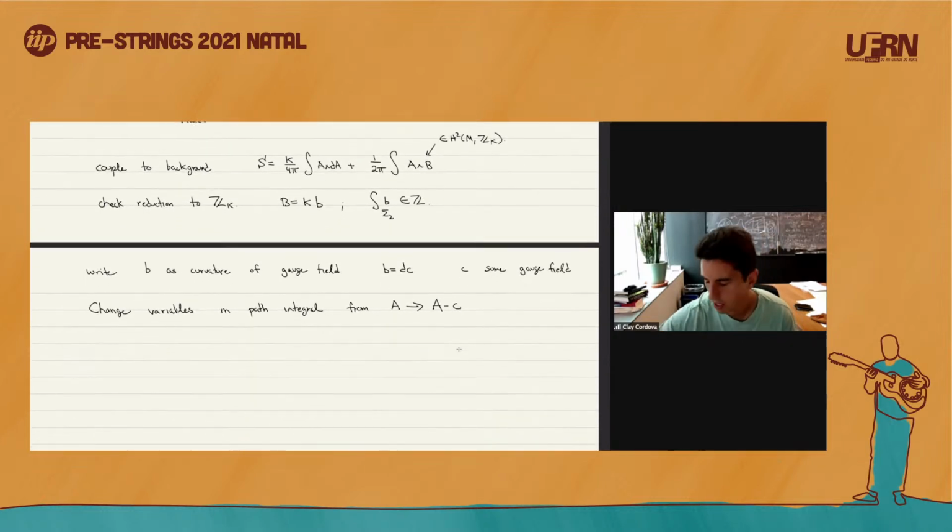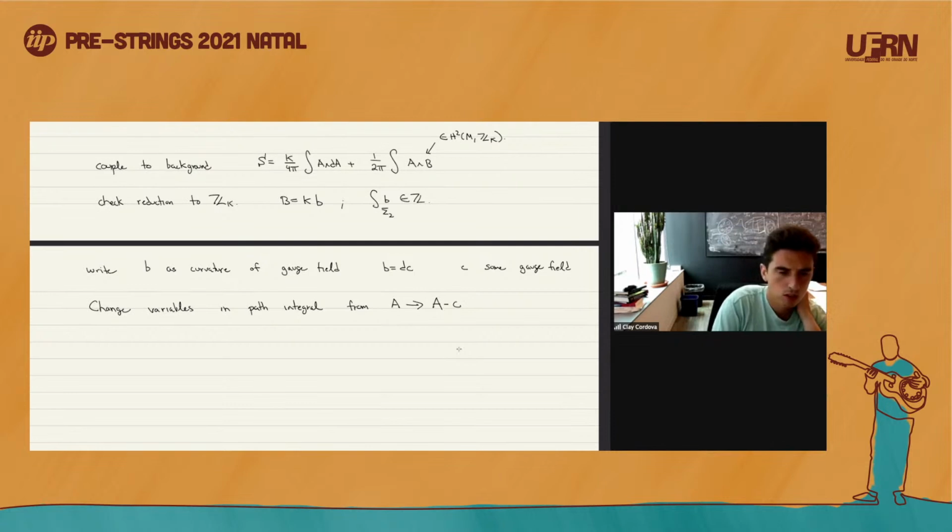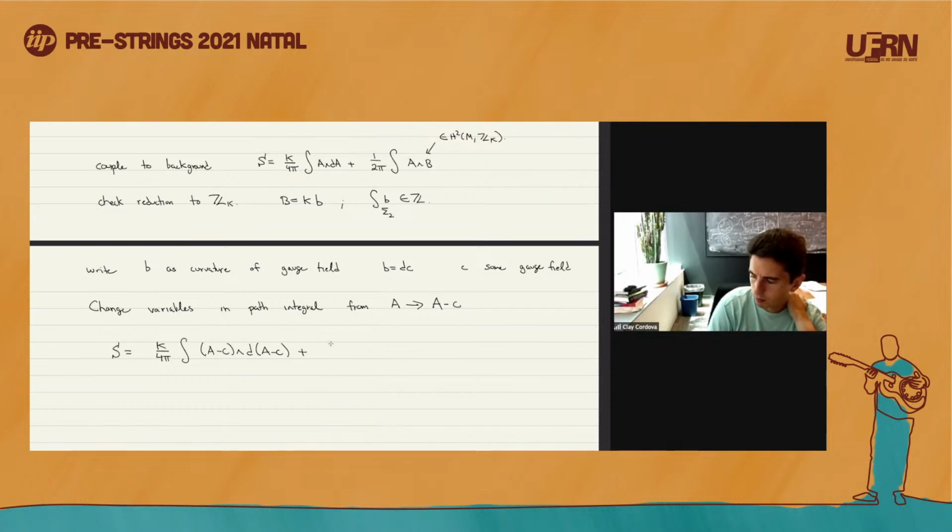What does the action look like after I do that? So S becomes K over pi integral of (A minus C) wedge d(A minus C), plus K over 2 pi (A minus C) wedge dc.